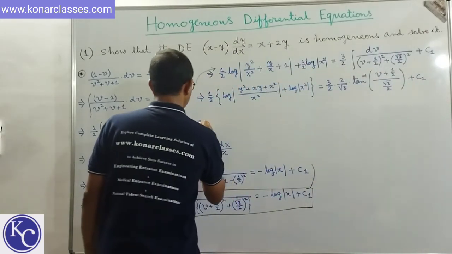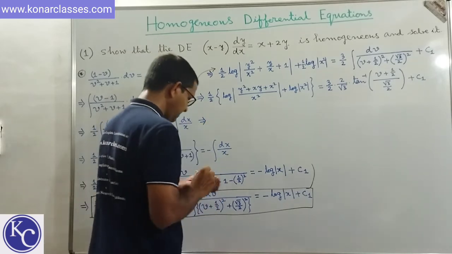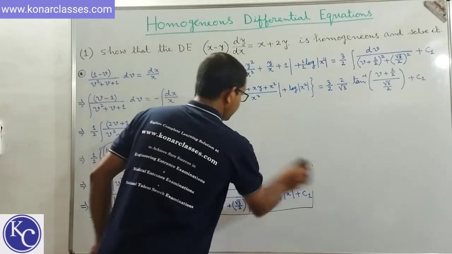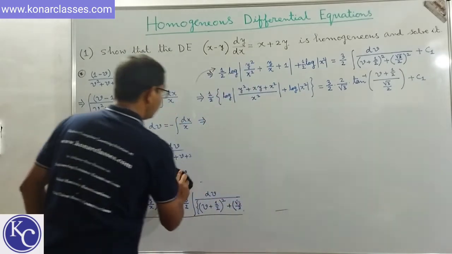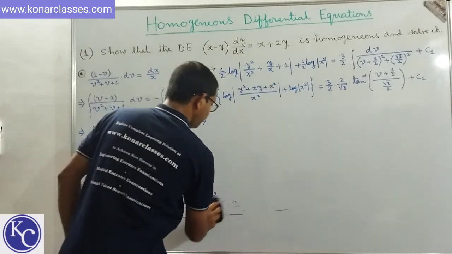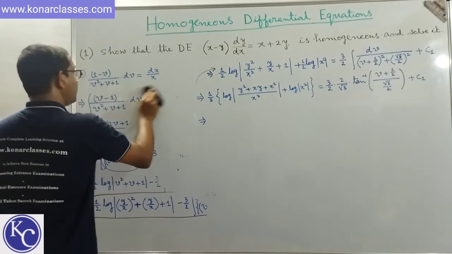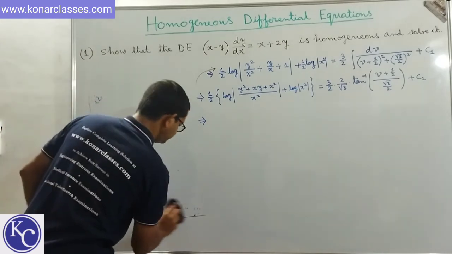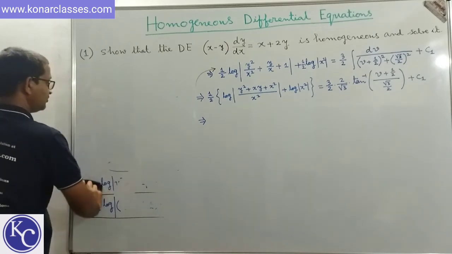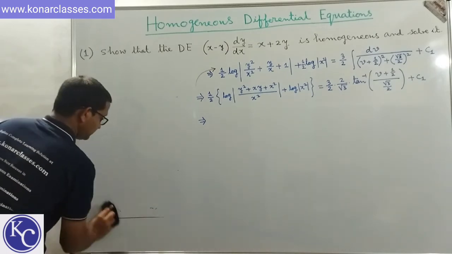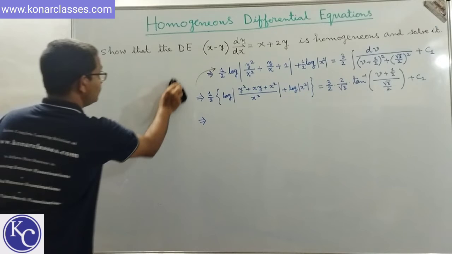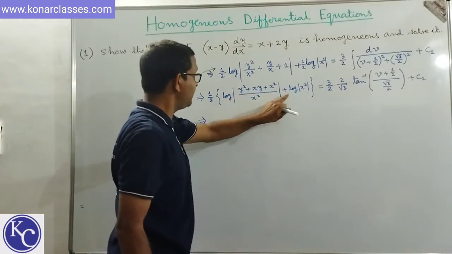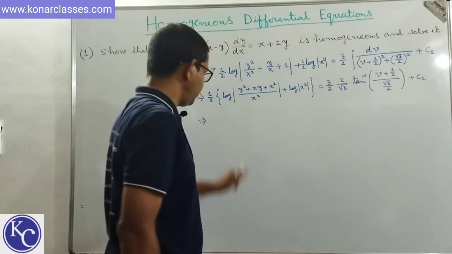So now from here, dear students, in the left hand side we see 1 by 2 into log of one quantity plus log of another quantity. So we can make it a product because we know log m plus log n is equal to log of m into n, correct or not? So here we get 1 by 2 into log of y square plus xy plus x square by x square plus log of x square inside mod.